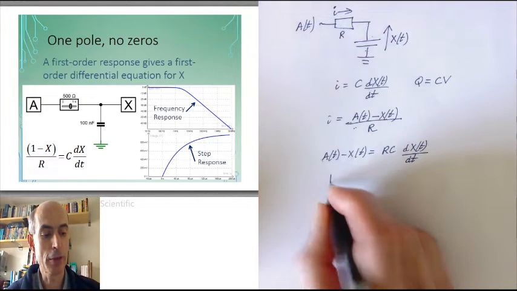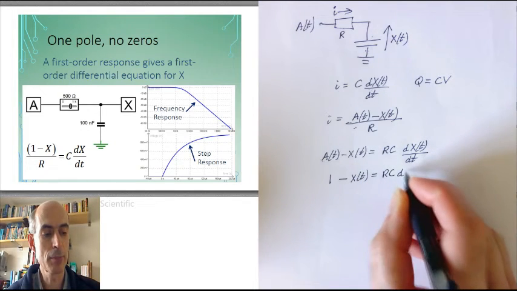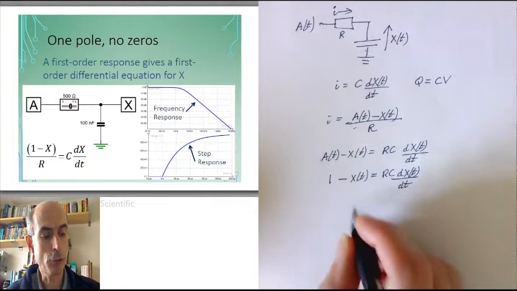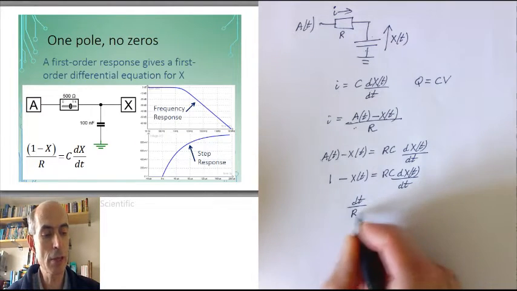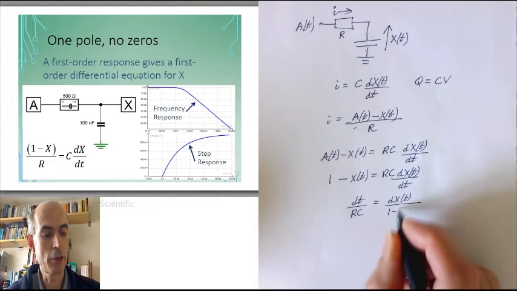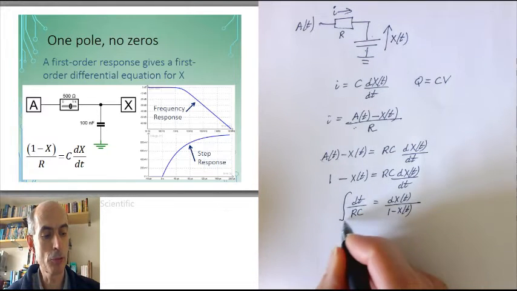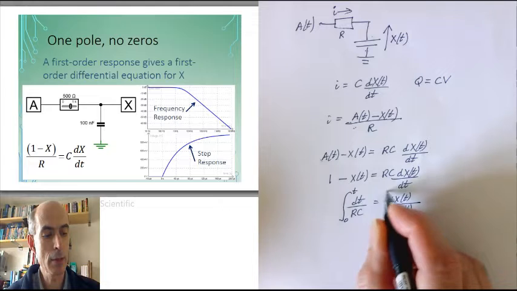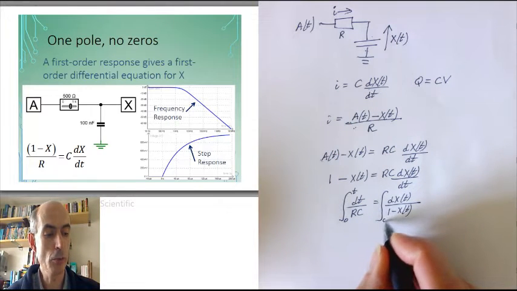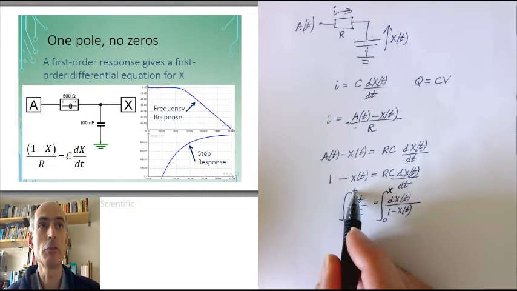So we can just simplify this to 1 minus X of t is RC dx/dt, and therefore dt over RC is dx over 1 minus X of t. And we need to integrate that from 0 to some time t, from the initial value of X, which will be 0, up to the value of X at the time given by this t here.